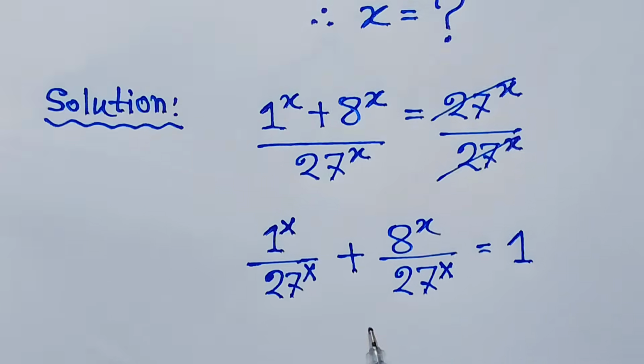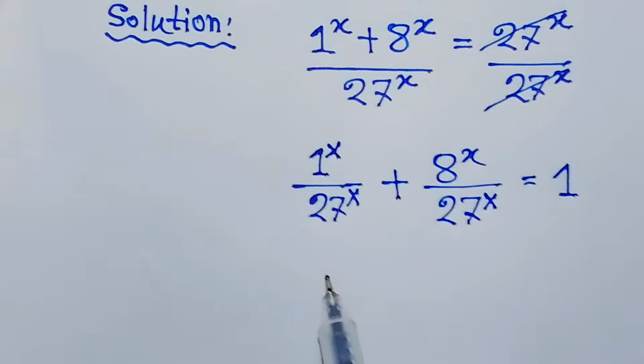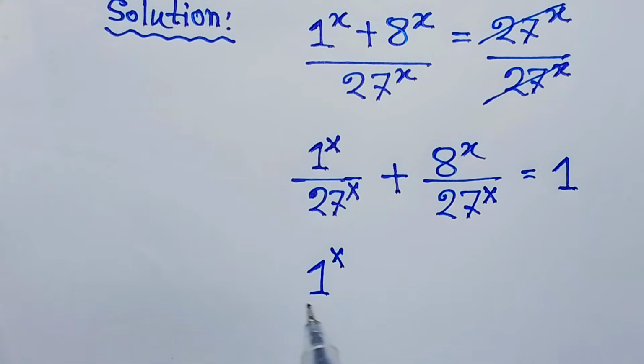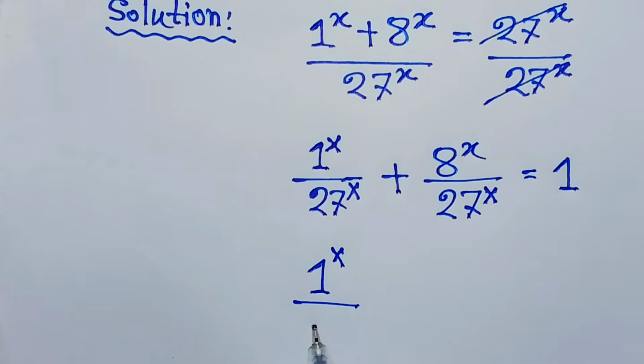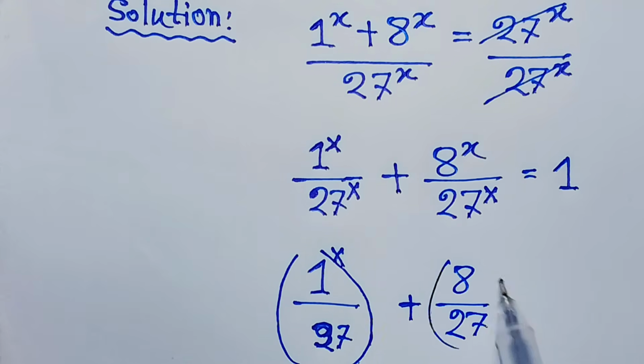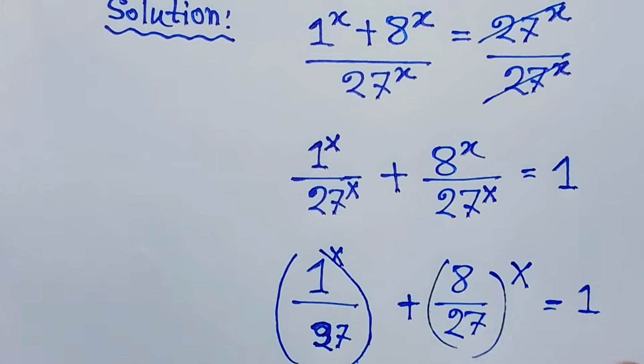So here, if you look carefully, the exponential equation is now 1 to the power x divided by 27, and 27 is equal to 3 to the power cube, or we can write (1 by 27) to the power x plus (8 by 27) to the power x is equal to 1.